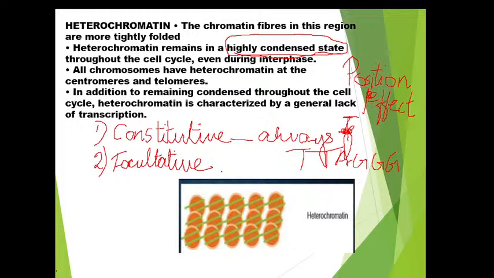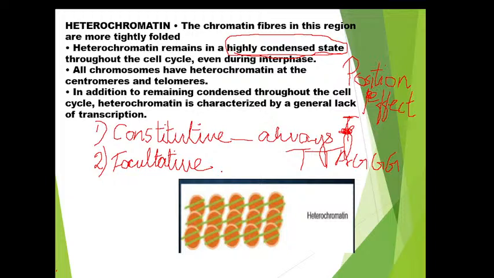So, constitutive heterochromatin is a highly condensed state. Let me brief the different characters once more, one by one. One, highly condensed state. Second, permanent silence. Third, they are located in regions like centromere and telomere.